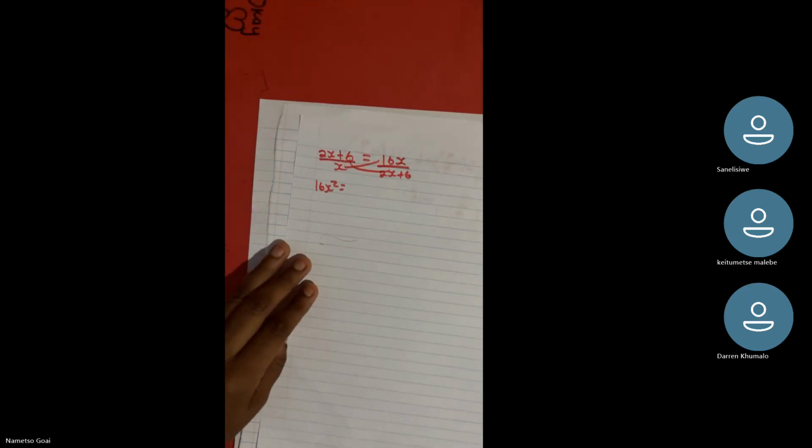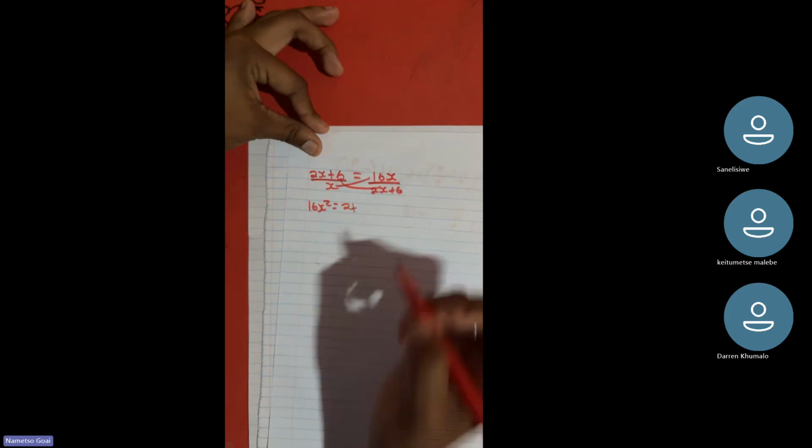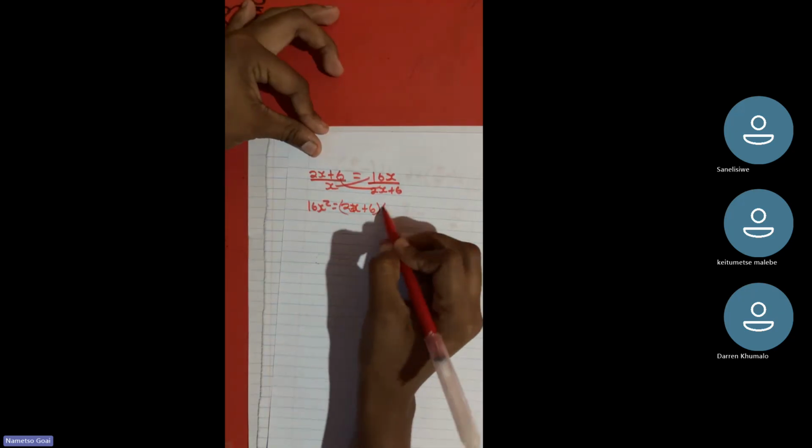The nicer thing is that if you are wrong from the get-go, it's not even going to make sense once you're at the end. So we have 16x squared equals 2x plus 6 all squared.